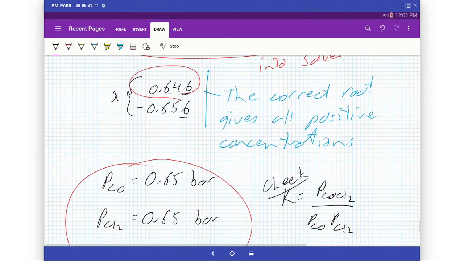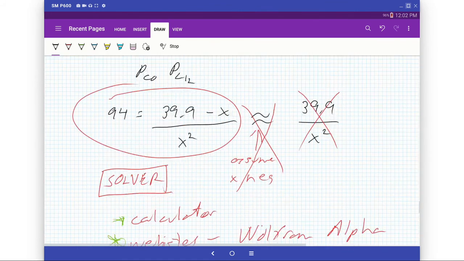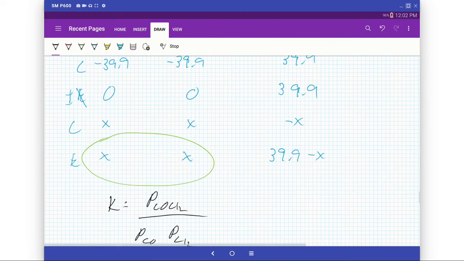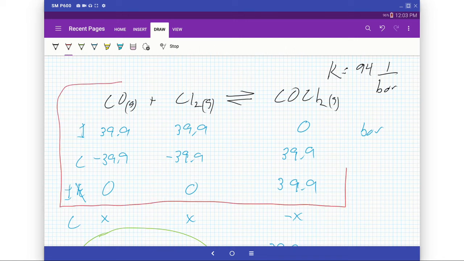So we go up here, and our first ICE table, let me just grab a color, that'll work. So the first ICE table, which is this one right here, shifted everything to the side favored by the equilibrium constant. Our equilibrium constant is greater than 1.